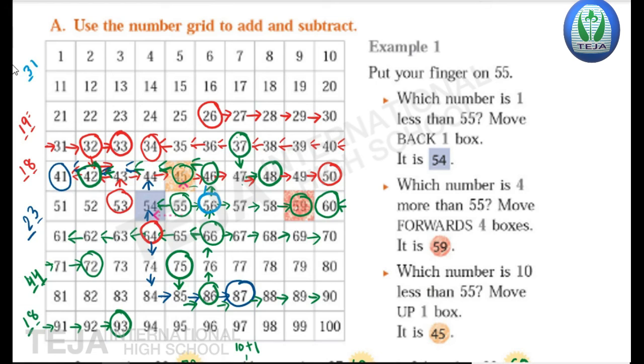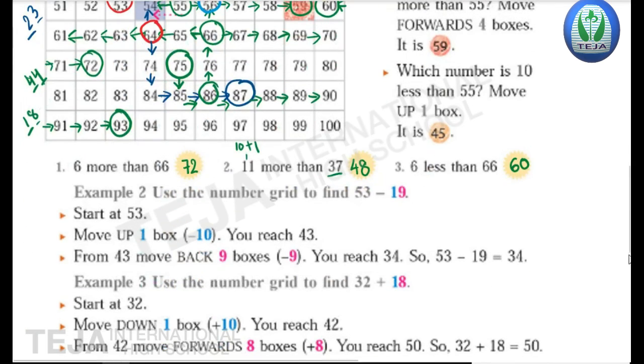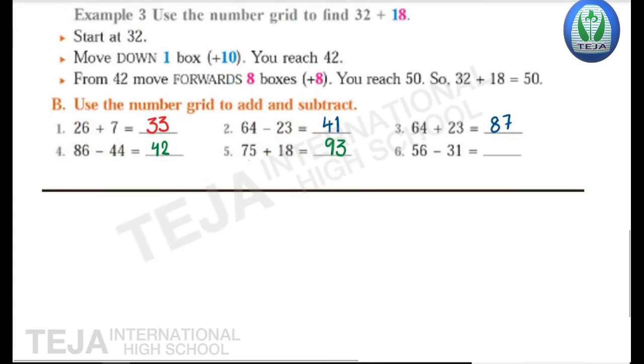So you move upward 3 boxes. 1, 2, 3 boxes. So you will reach 26. From that subtract 1. So move 1 box back. So where did you reach? 25. So 56 minus 31 equal to 25. Write 25 here in the blank.